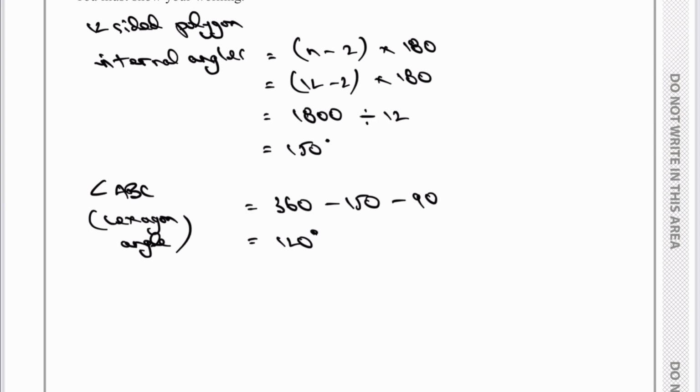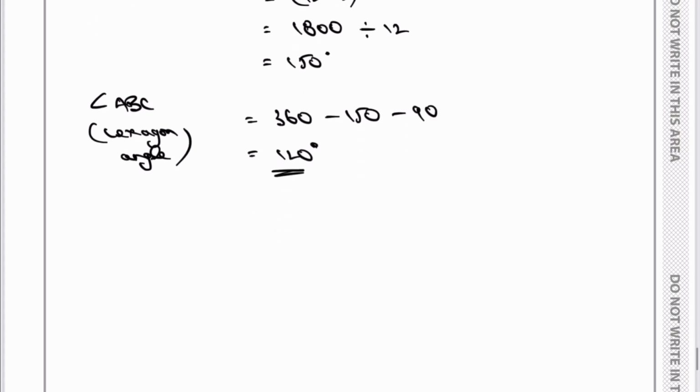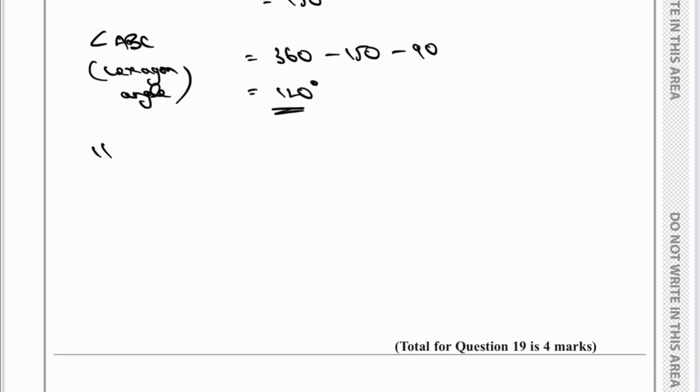Okay, now what we've got to do is then prove that the internal angles of a hexagon are going to be equal to 120 degrees also. So I'm going to use exactly the same formula. I'm going to say I've got my hexagon. Okay, and the internal angles are going to be equal to exactly the same formula, so that's going to be n minus 2 times 180.